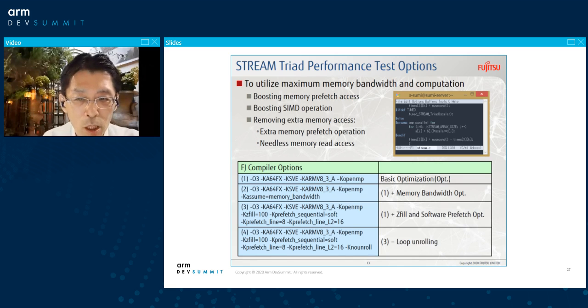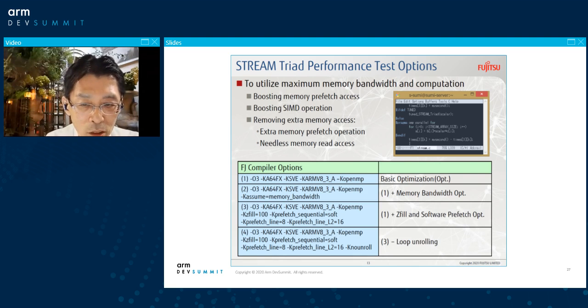So we took 4 sets of compiler options. Number 1 in the table is basic optimization: -O3, -Kfast, SVE, ARMv8, and OpenMP.